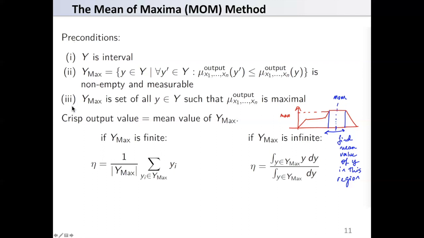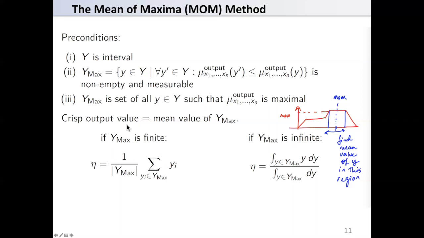If these conditions are satisfied, then we calculate a crisp output value, which is the mean value of Y max. So if we consider, for example, this membership function for the output, in this interval the value of the membership is maximum. We consider this interval and try to find the mean of the maximum.